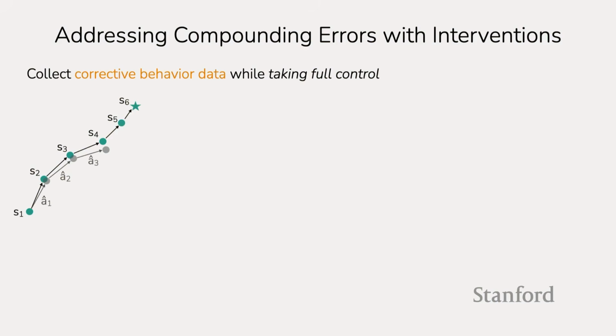What this would look like is you start drifting off. The expert notices that a mistake was made and then takes full control, for example, starts driving the car rather than letting the policy drive the car. And then you can add those partial demonstrations to your data set instead of trying to query the expert on the policy states.